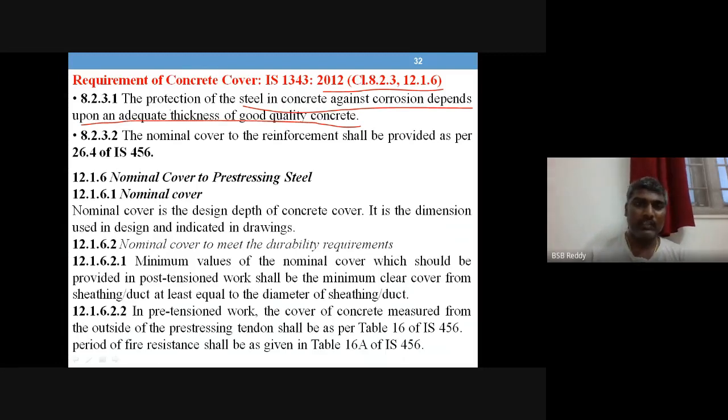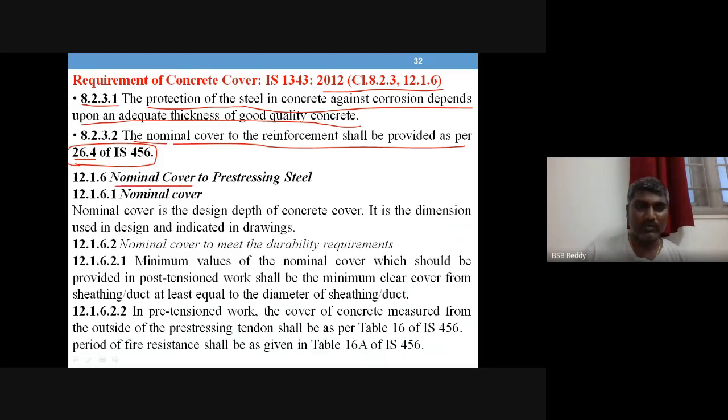So remember, always protection of steel depends on the adequate, sufficient thickness of good quality concrete, not just concrete. Okay, and nominal cover to the reinforcement shall be provided as per IS 456, which you have come across in your reinforced concrete structures design, which is in clause 26.4 of IS 456. Okay, so these clauses are for this IS 1343, right?